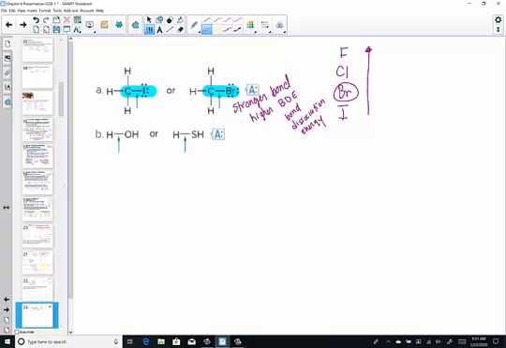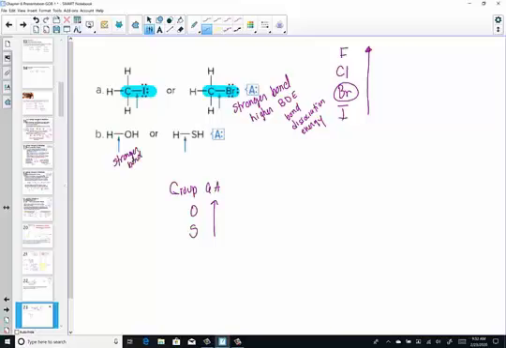What'd you do with letter B? Well, this is a trend from group 6A. That's oxygen's family. Oxygen is above sulfur on the periodic table. So remember the trend, as you go up a column, bonds get stronger because atoms are getting smaller. So therefore, this is the stronger bond.